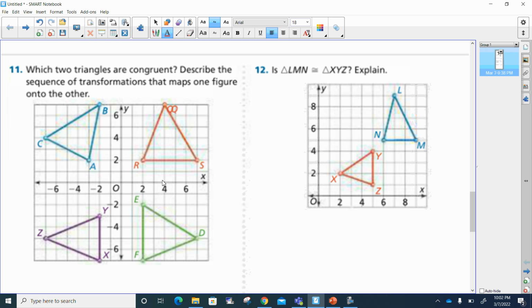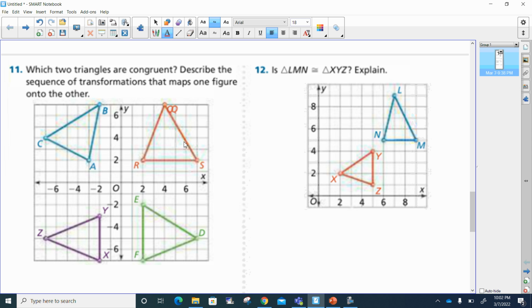Okay? So let's see which one would be congruent to this. We could say that this side here is also up 5 over 2. So that side of F and D matches this one.